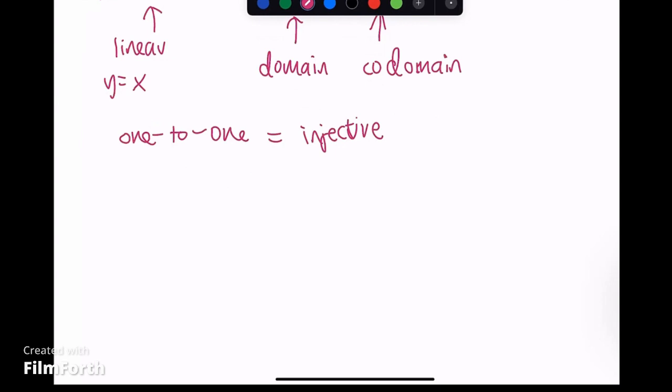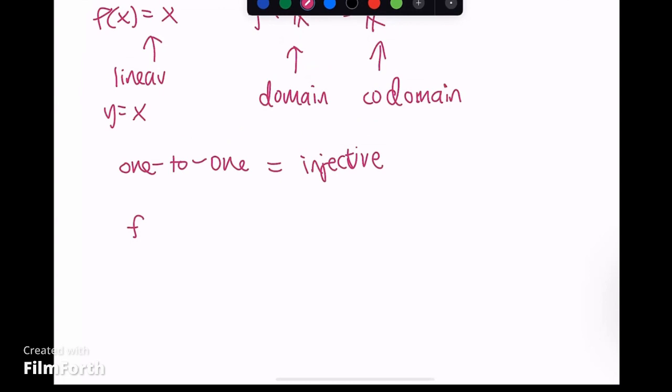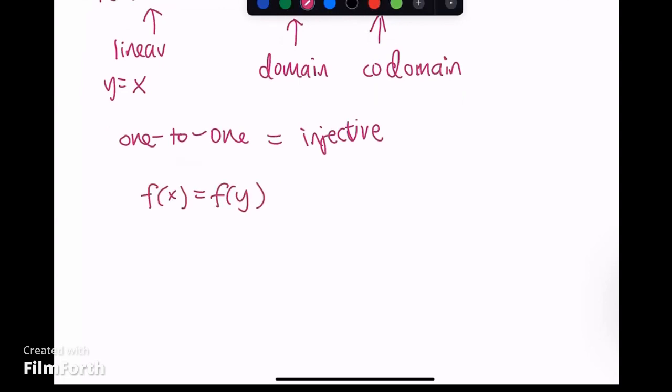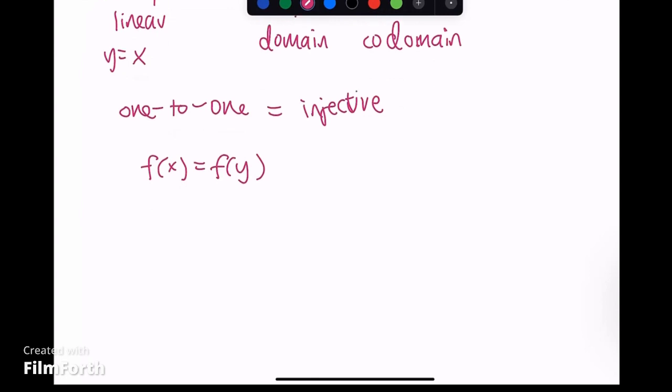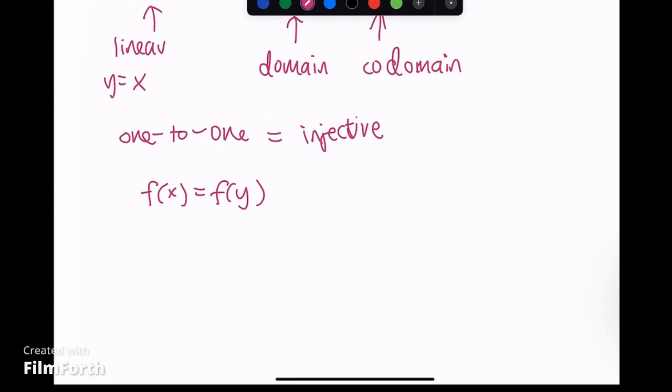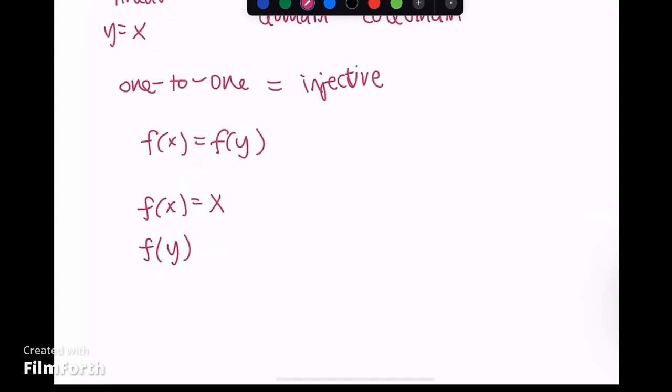And what this means is that, let's say we had this. What we can do is, we know that f(x) equals x, right? And then we know, what would f(y) be equal to if we put y inside our function?